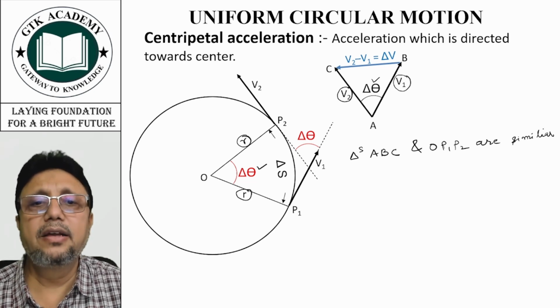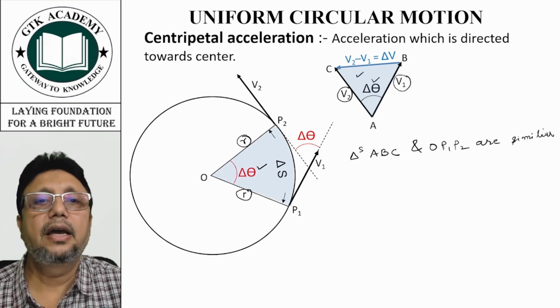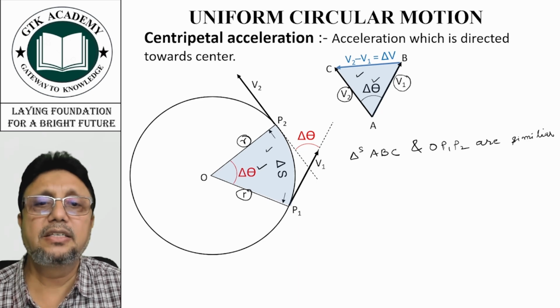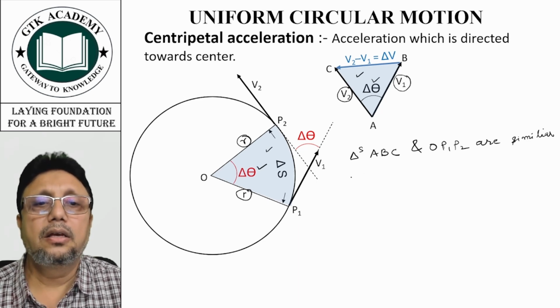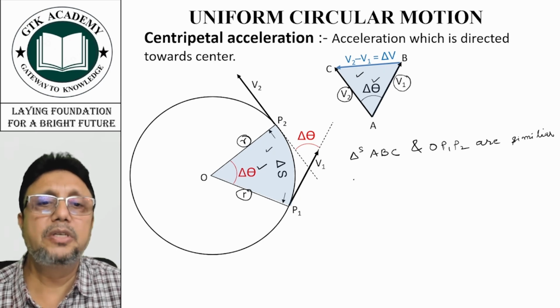Now, if the triangles are similar, this triangle as well as this sector, which we are also considering as a triangle when delta theta is very small. For similar triangles, their sides are in the same ratio. That means BC and the corresponding side P1P2 will be equal to AB upon OP1.